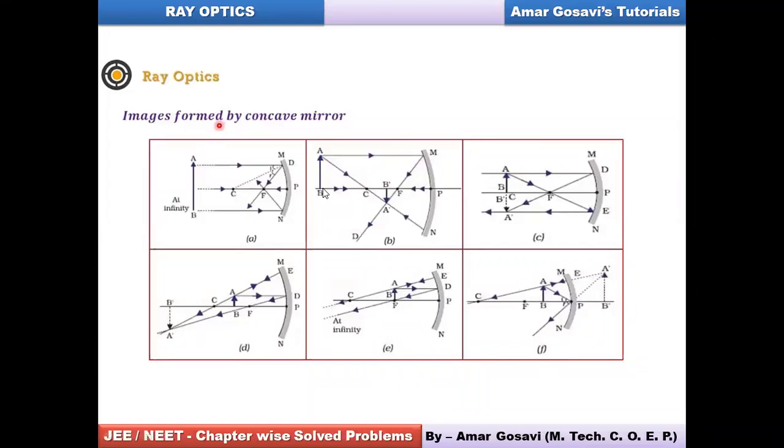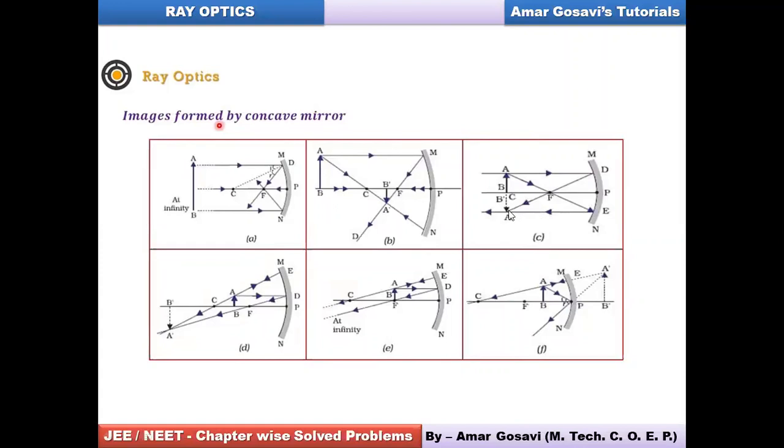Now, if you observe diagram C, friends, the object is exactly placed at center of curvature. The first ray, again, as usual, we discussed, moves parallel. After reflection, it will move through focus. The second ray, you can see, will move through focus, hit, and then become parallel after reversing.